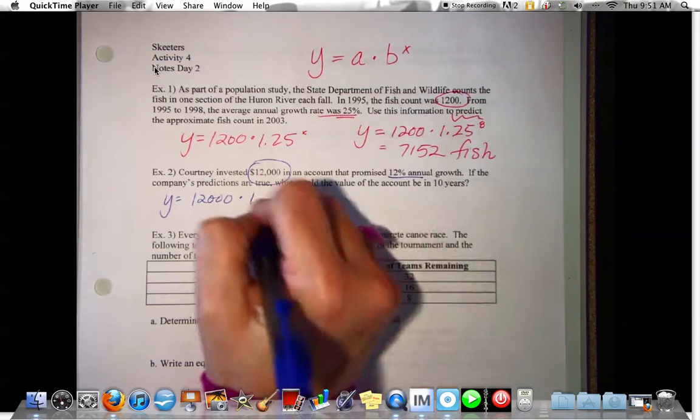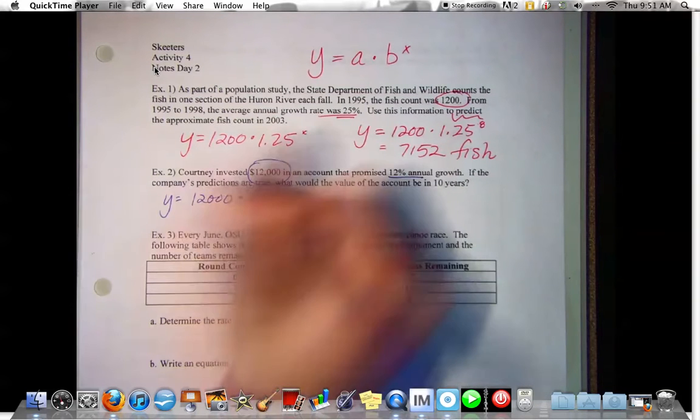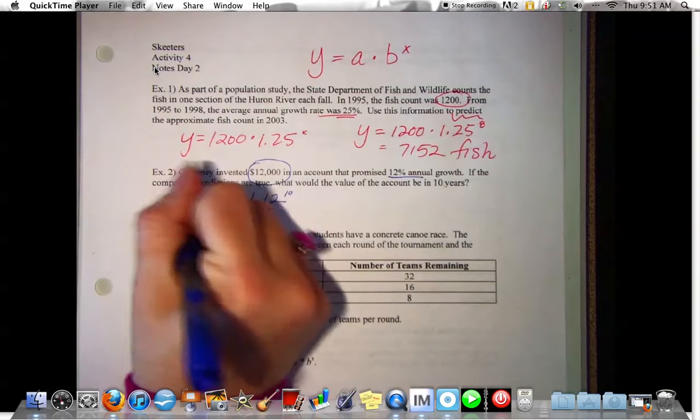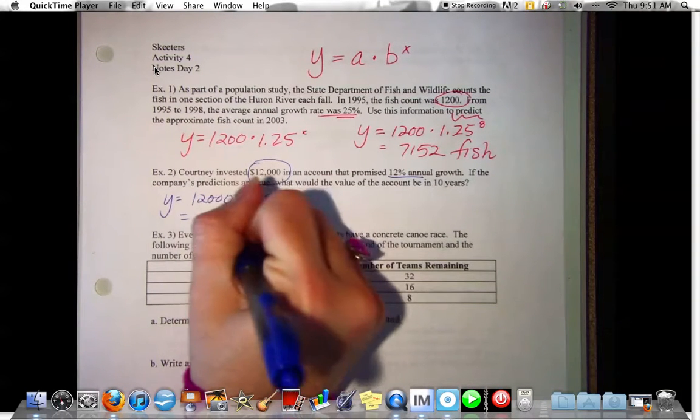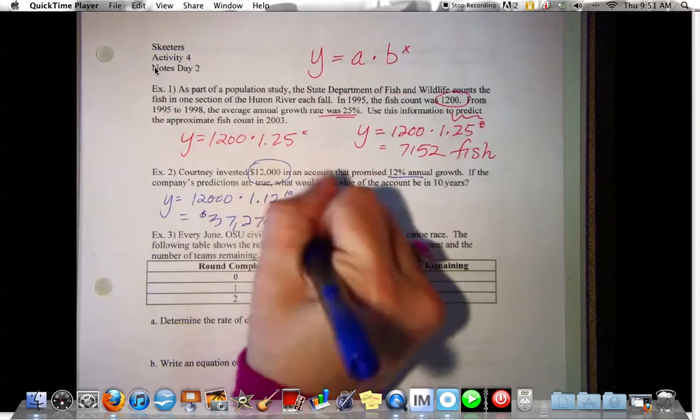Very good. And to the power of 10. Very good. 37,270. Any change? 18 cents? Okay.